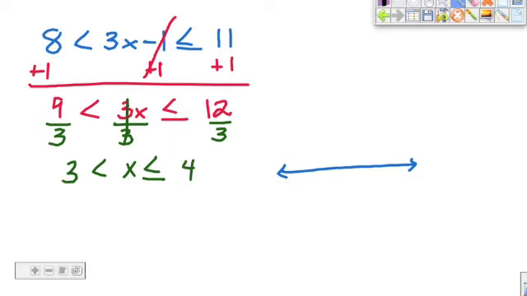Very small spot on this number line here. So we have a 3 and we have 4. Open circle on the 3 because it's just a greater than, but closed circle on the 4 because we have the equal to, and the range is in between the two of them. And that's how you do that. Okay, let's do some more.